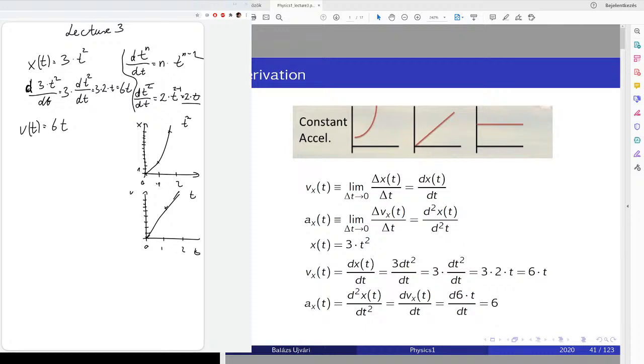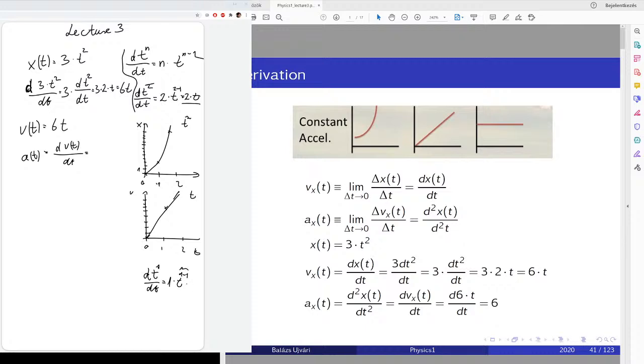What about deriving it again? So the acceleration is dv(t)/dt. Let's derive t. We can say t to the power 1. So this is 1 times t to the power 1 minus 1, which is t to the power 0, and that's 1.